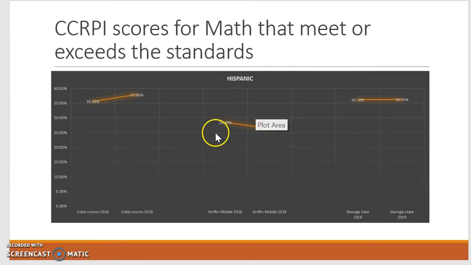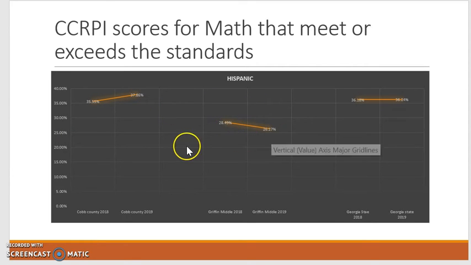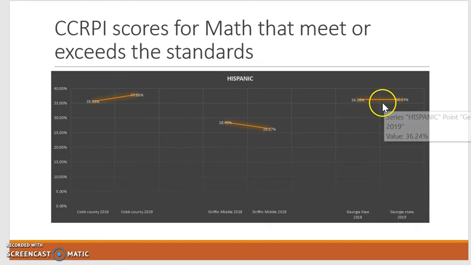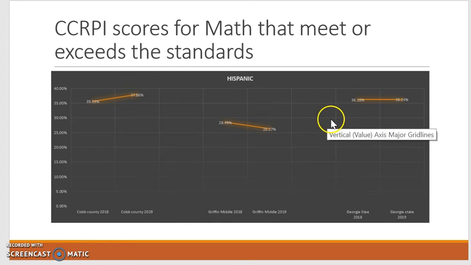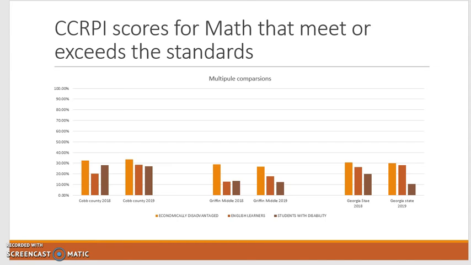For the Hispanic population, you can see a slight decrease in math scores. However, both the county and state had a slight increase, where both state and county outscored Griffin Middle.